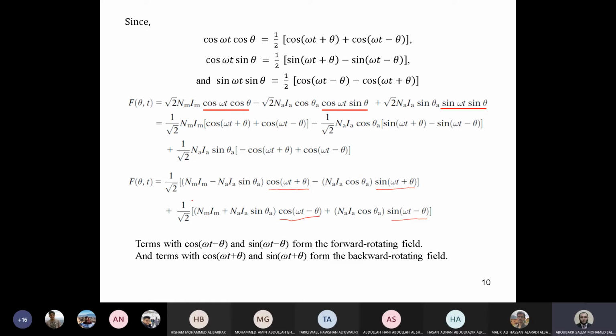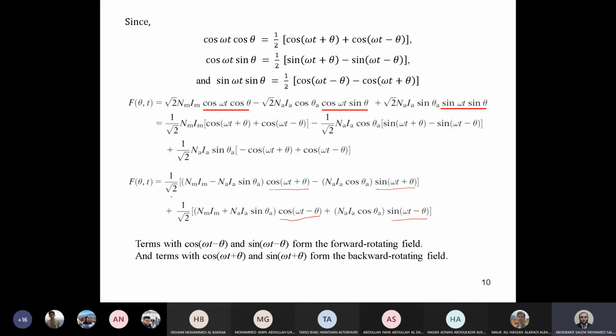Which one is for main and which one is for auxiliary? The part which is multiplied by N main I main is for main, and the part which is multiplied by NA IA is for auxiliary. However, now we classify the MMF as a function of forward and backward, not main and auxiliary.